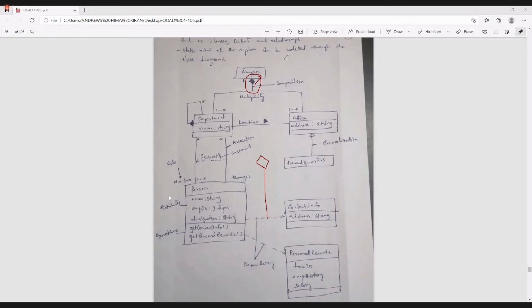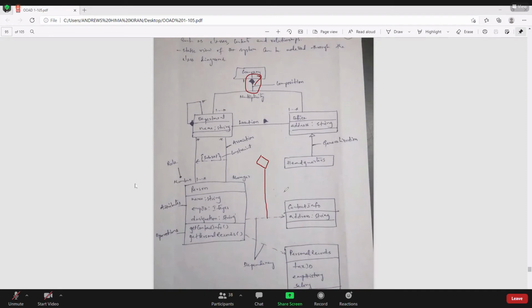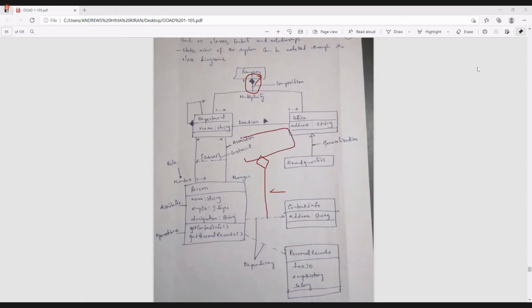Now, what is the difference between a composition and an aggregation? This is a composition and this is an aggregation. Aggregation emphasizes or identifies the relation between the whole part and the subpart.